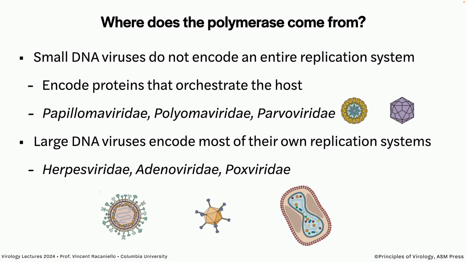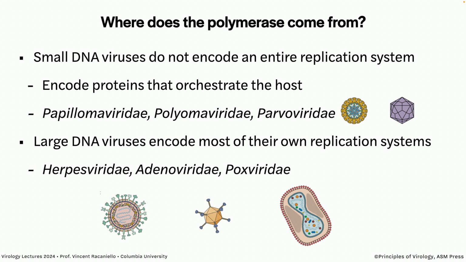The polymerase itself sometimes comes from the host. For viruses with small genomes, they do not encode a DNA polymerase. The genome is not big enough, and we'll see an example of that today. But they do encode proteins that orchestrate the host.